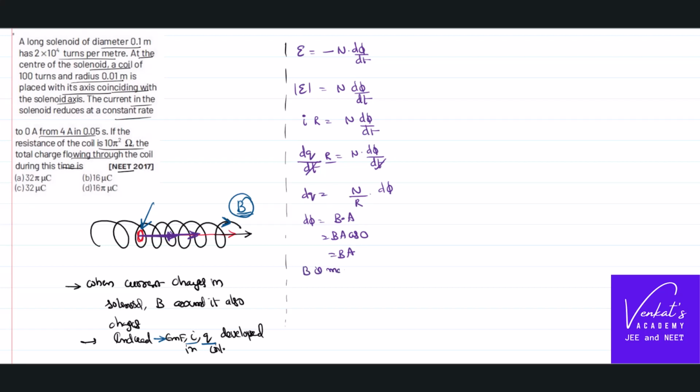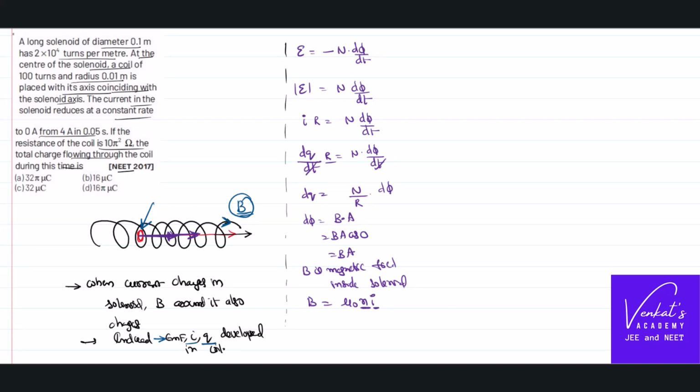What is B? B is the magnetic field inside the solenoid. The formula for the magnetic field inside the solenoid is mu naught n i, where n is the number of turns per unit length of the solenoid, and i is the change in the current in the solenoid.